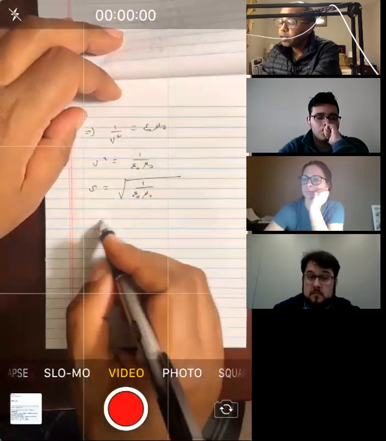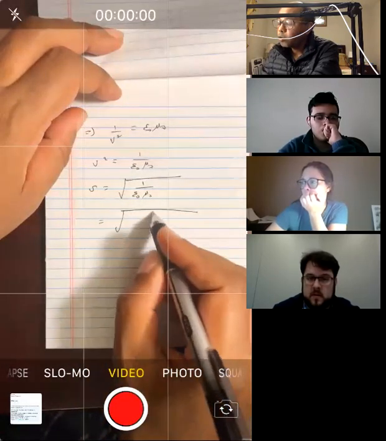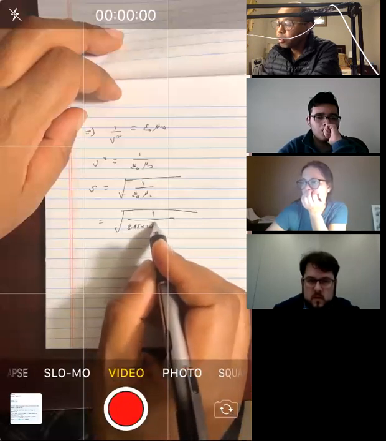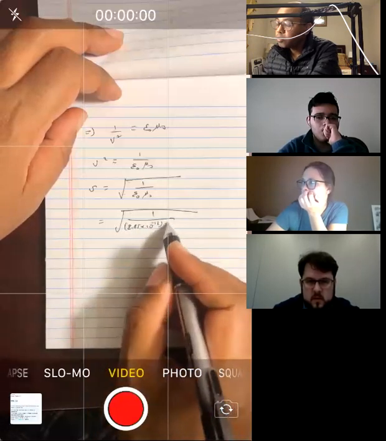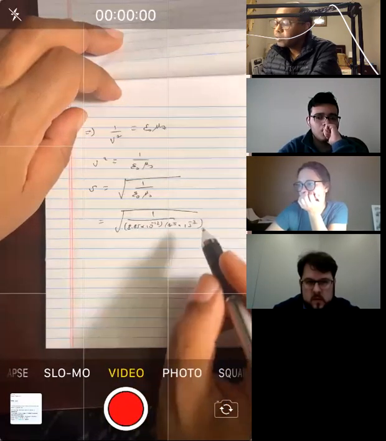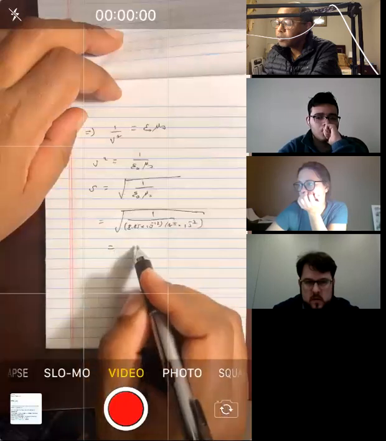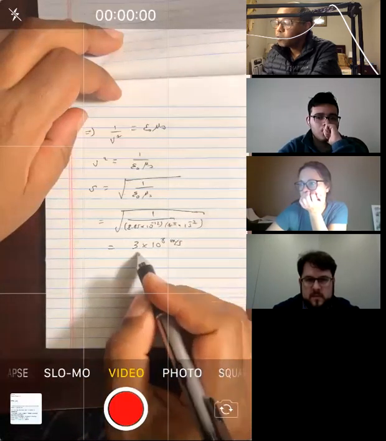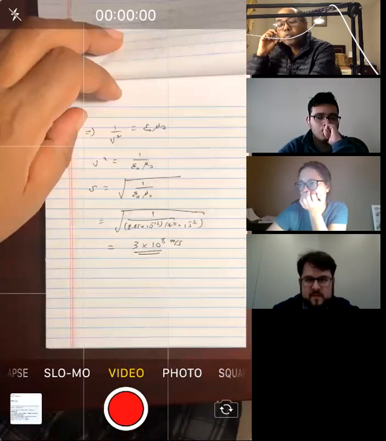Okay, so if you calculate this, epsilon naught is 8.85 times 10 to the power negative 12. Mu naught is 4 pi times 10 to the power negative 7. When he calculated this, he found out that this is approximately 3 times 10 to the power of 8 meters per second, which at the time was known to be the speed of light.